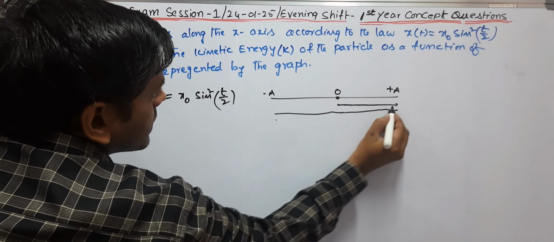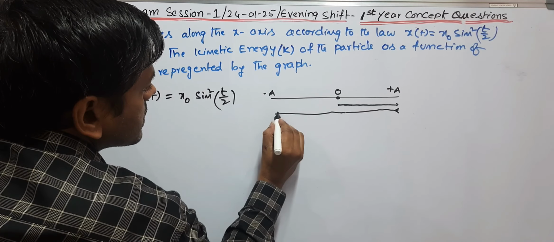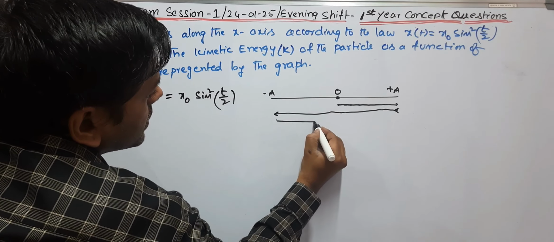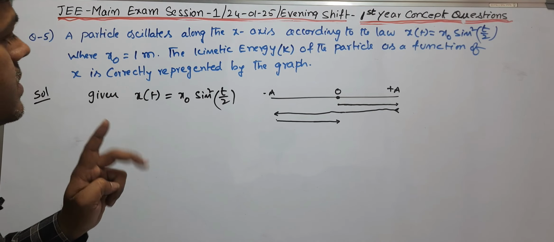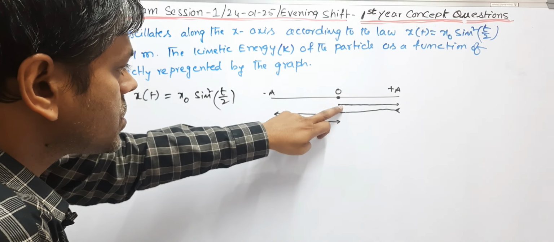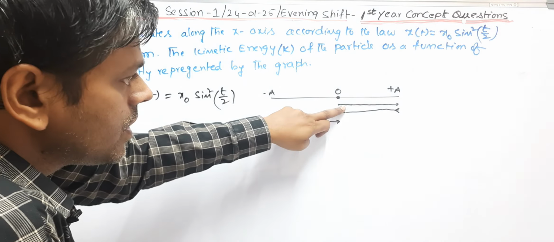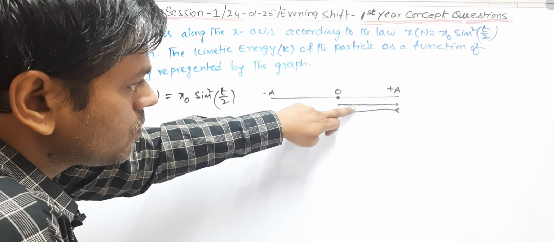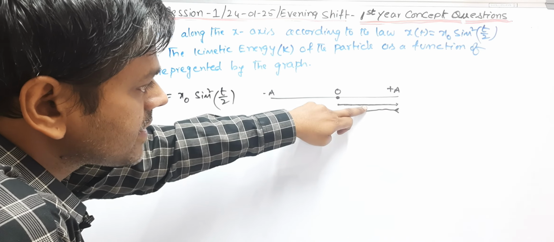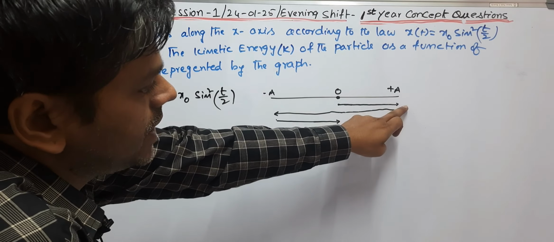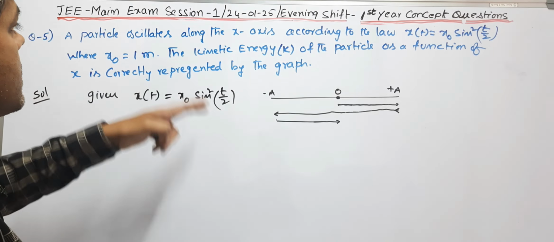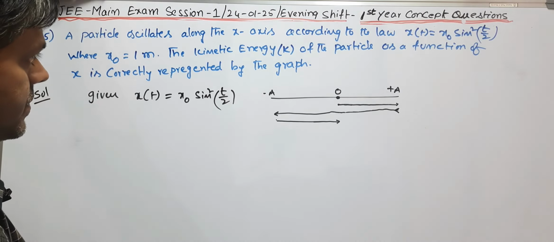Again it starts its return journey and reaches the mean position, then we can say the body completes one oscillation. So with respect to time, the position keeps on changing. Velocity gradually decreases and becomes 0 at the extreme position. So we can say the body is executing oscillations.